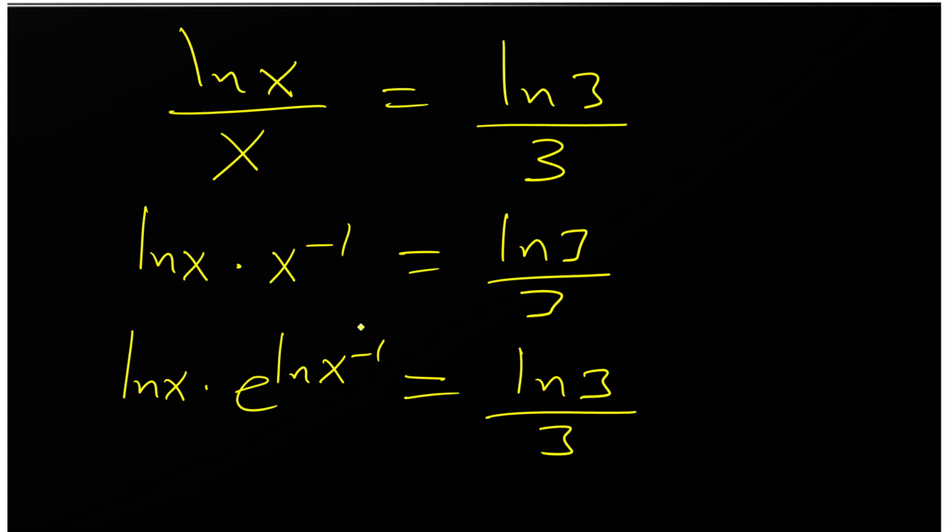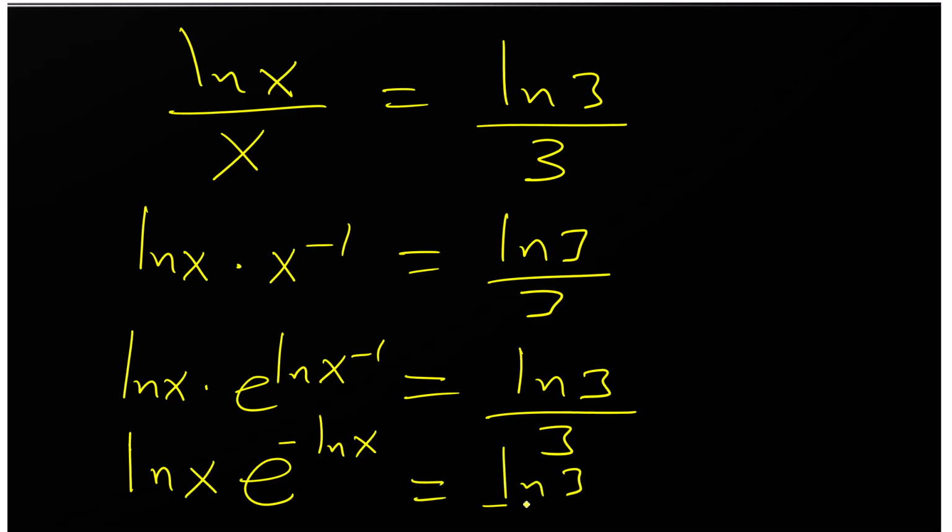But we can do something to this. Remember the power rule: ln of x to the power minus 1 is minus 1 ln of x, so that will be negative ln of x equals ln of 3 on 3.